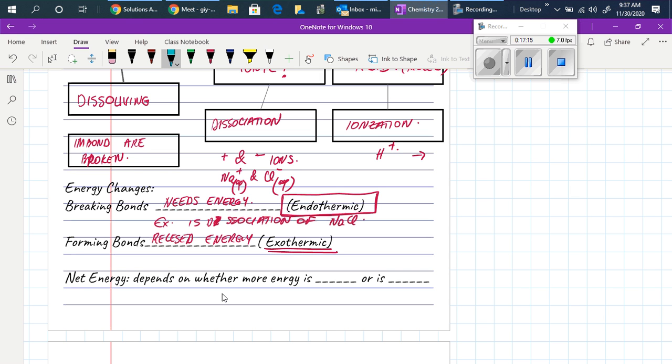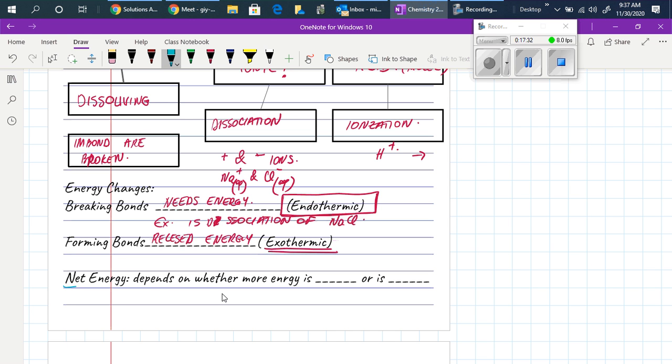When bonds are formed, what is happening is that energy is released. And the name that we use for that is the exothermic reaction. So if bonds are formed between ions and water, then we have a release of energy.